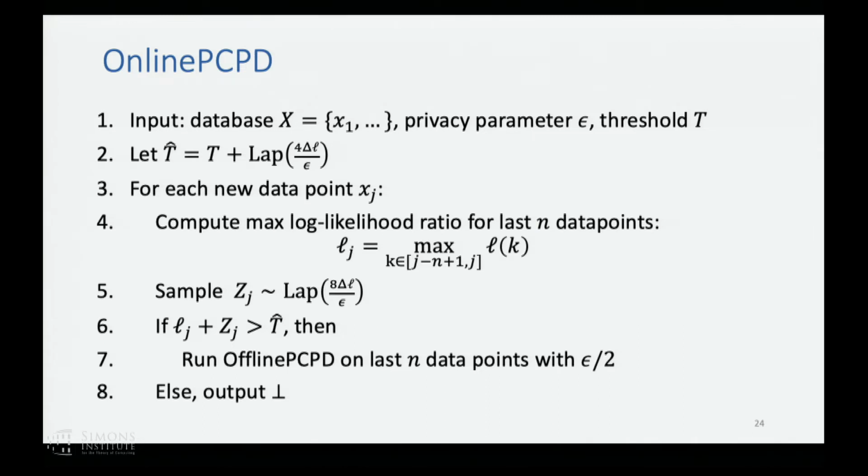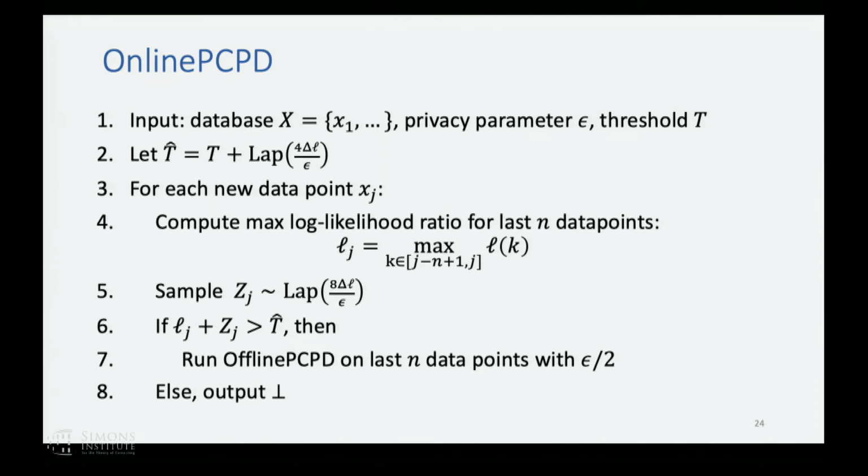For each data point, I'm going to compute Lj, which is the maximum of the log likelihood ratio of the last n points. And so really this is saying how likely is it that I think a change occurred in the last n points. We're then going to add noise and check if the noisy answer to this query is above our noisy threshold.